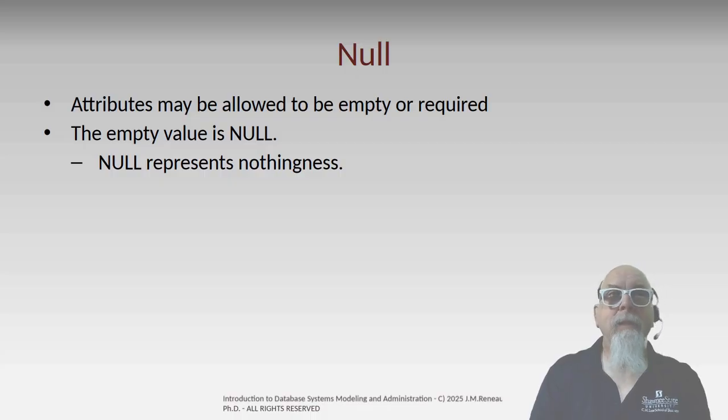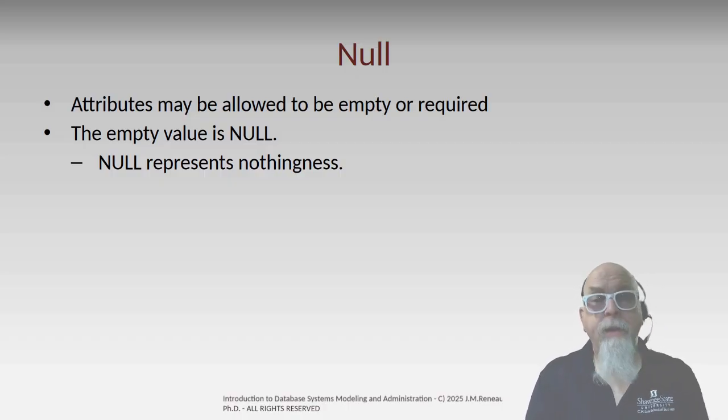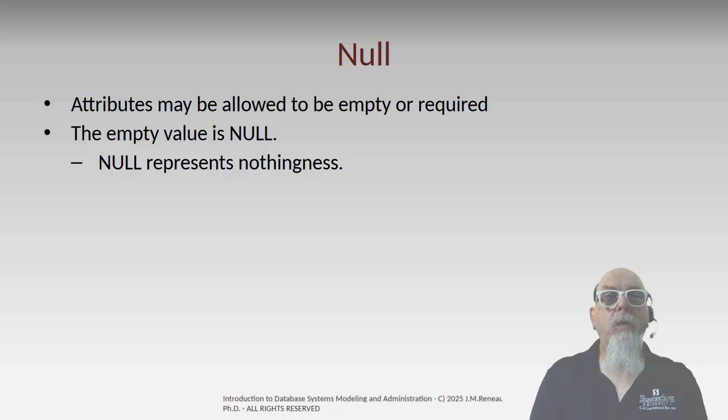Well, yeah, I guess we could. That might be a business rule that we have to have an address for every customer, but I guess a customer could not give us an address. So the address field might be nullable. We might be able to store the value of nothingness or the value of unknown for an address.